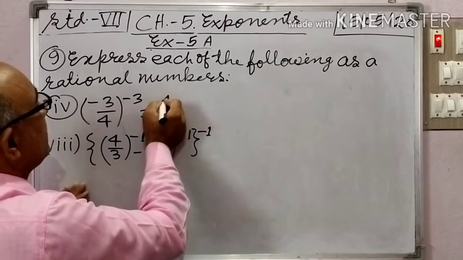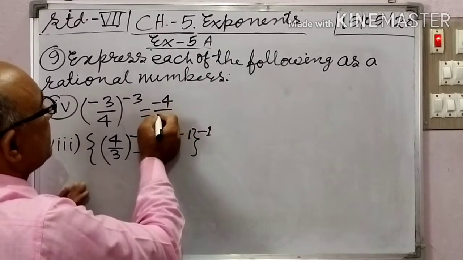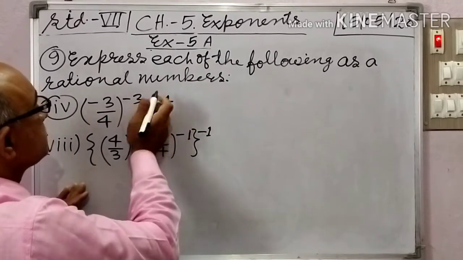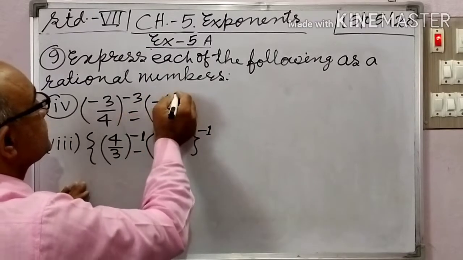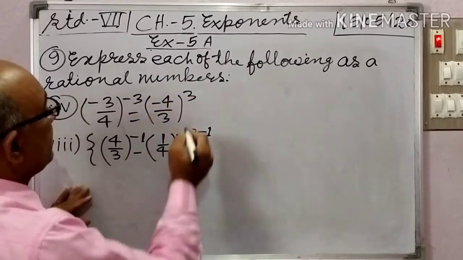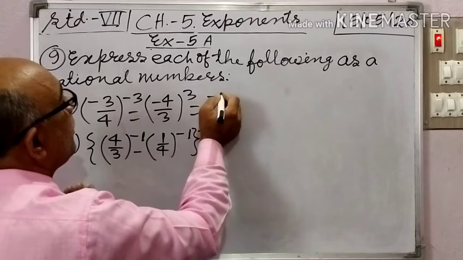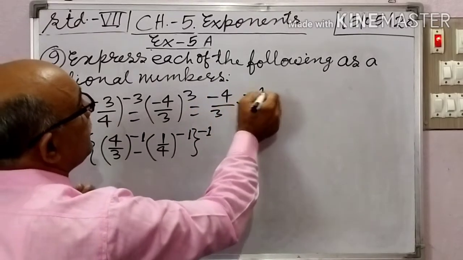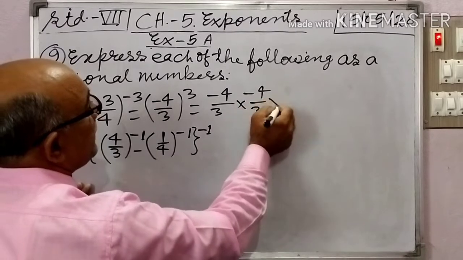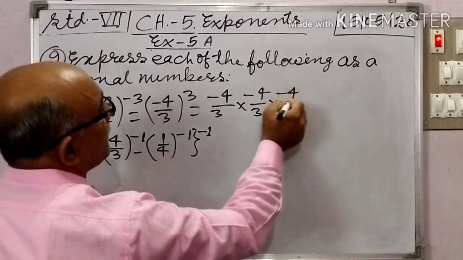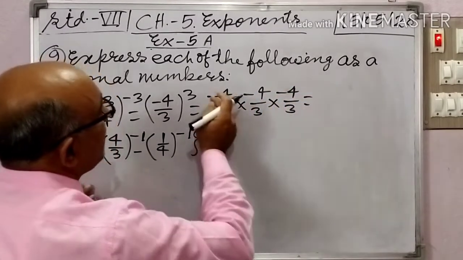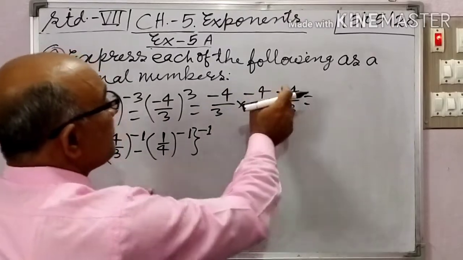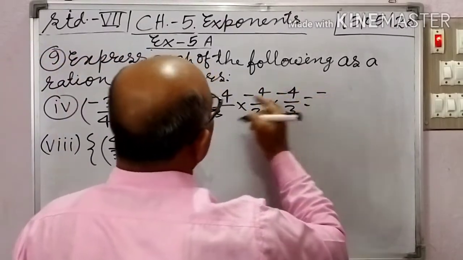So minus 4 by 3 to the power 3. Now minus 4 by 3 into minus 4 by 3 into minus 4 by 3. Minus into minus is plus, plus into minus is minus.